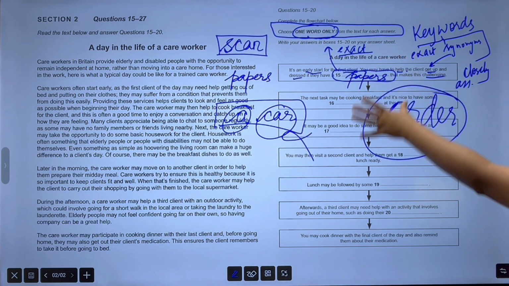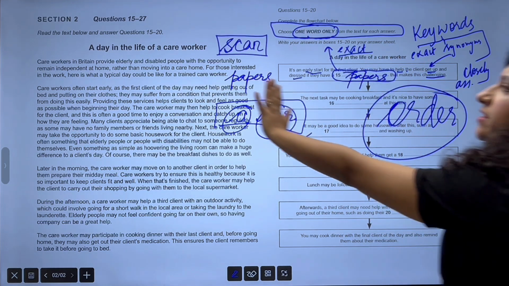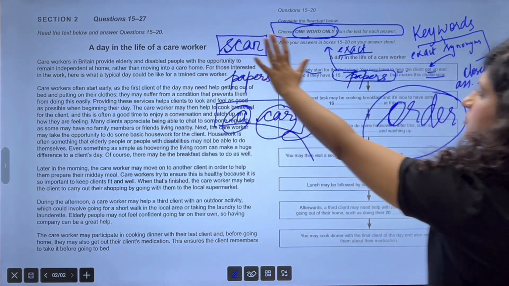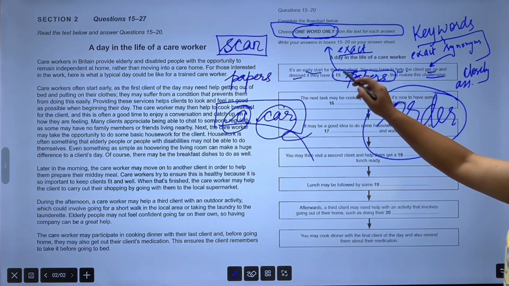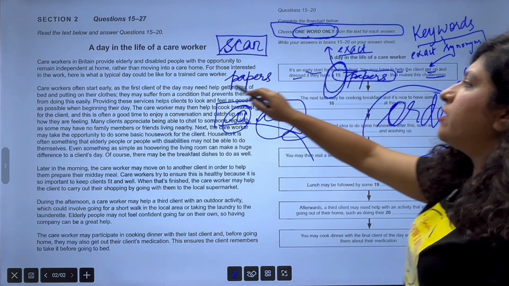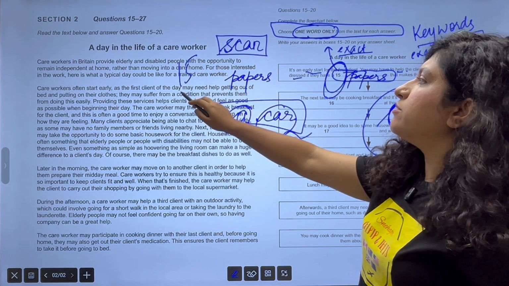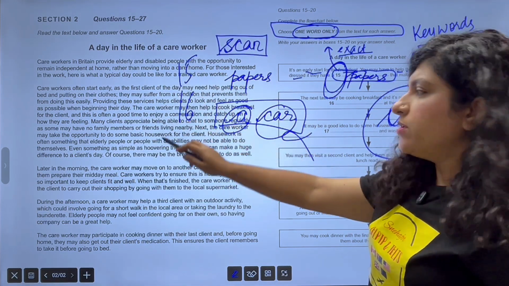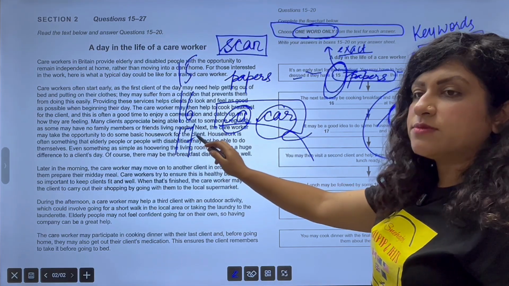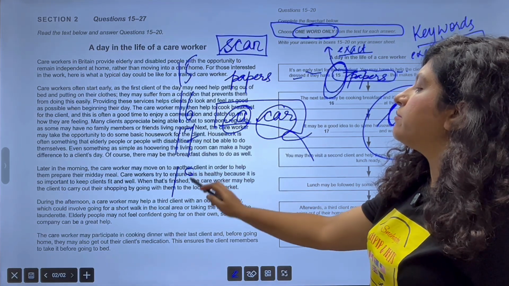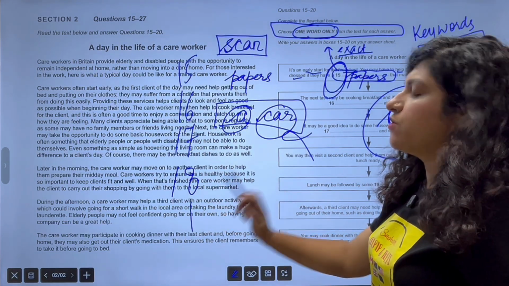That means your questions will be there in the same order as the text, which means information for question number 15 will be earlier than the information for question number 16. Only then you will find information for question number 17. Only then you will find information for question number 18 and so on.